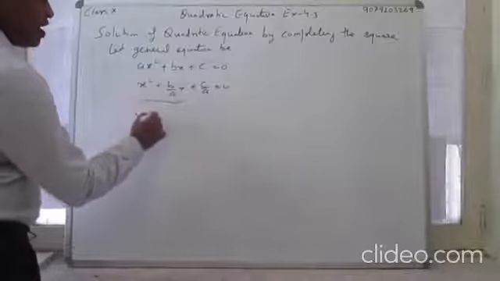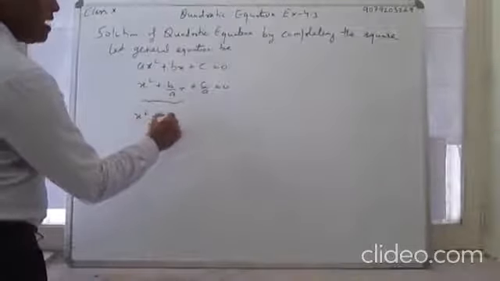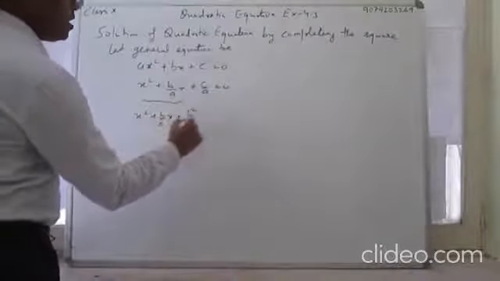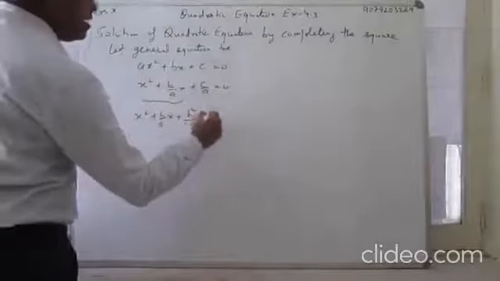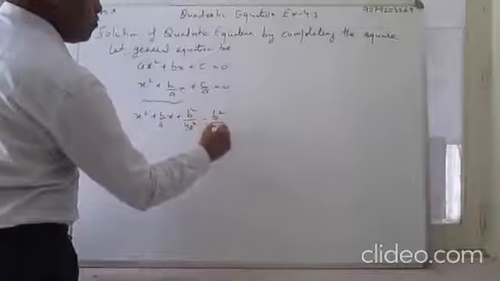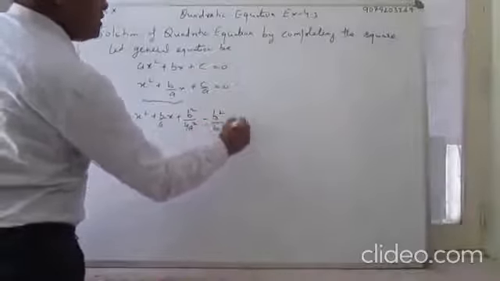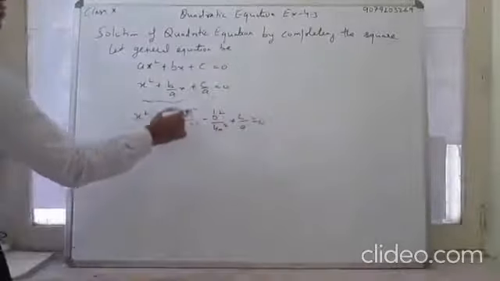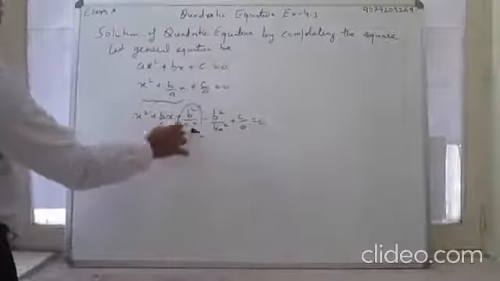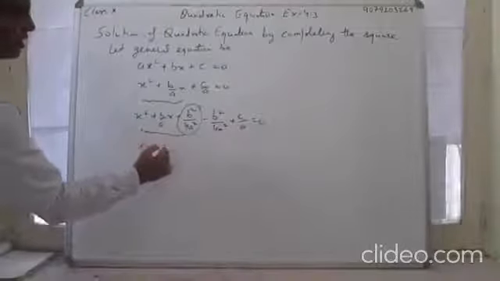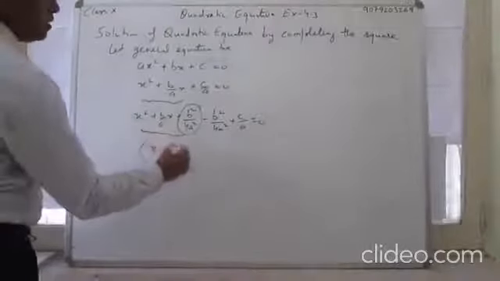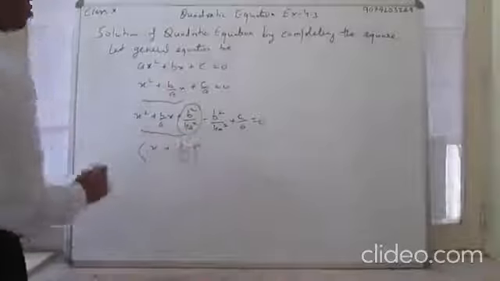So x square plus b upon a x plus b square upon 4a square minus b square upon 4a square plus c upon a. If I add and subtract this, instead of this, what you can write, x plus b upon 2a whole square.